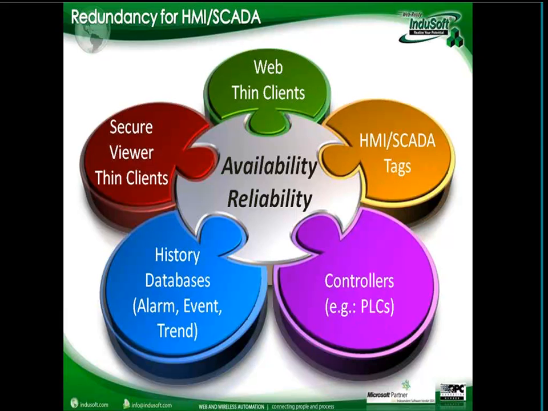So you could have a project with all those redundant interfaces, or just a few of them, or just one of them. It really depends on which components from your system are really critical and what level of redundancy you want to incorporate into your project. Again, using those built-in features from InduSoft Studio, you can increase the availability and reliability of your system.